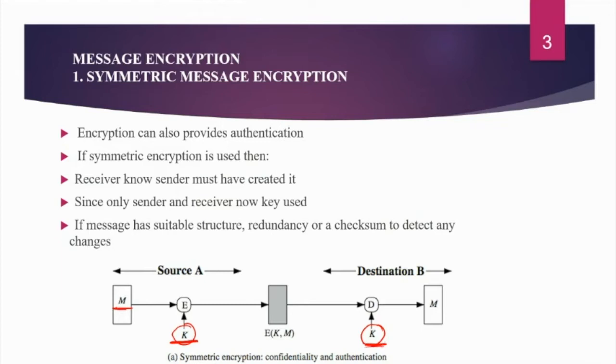He can authenticate that since it is decrypted using the same key which is shared between A and B, the message is actually coming from the sender only. And since only sender and receiver use the key, nobody else in between has modified the message. In that sense, we can achieve message authentication using symmetric encryption.